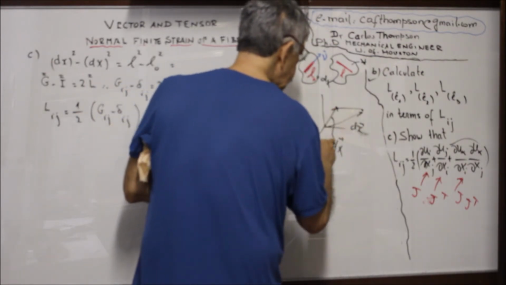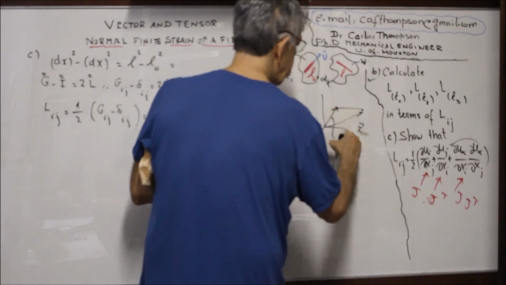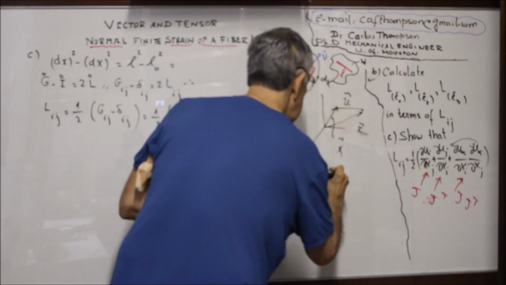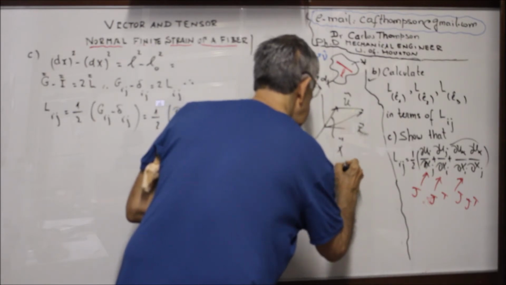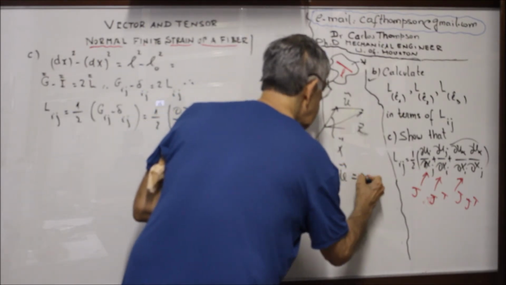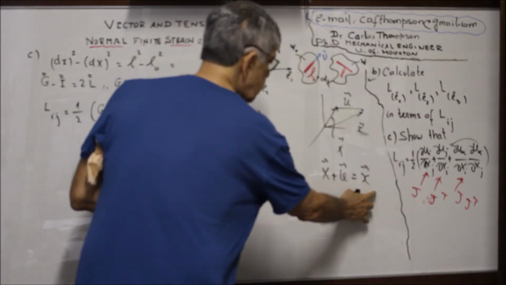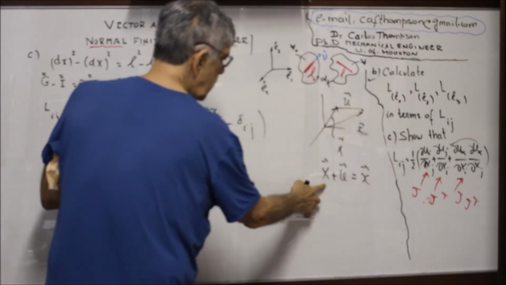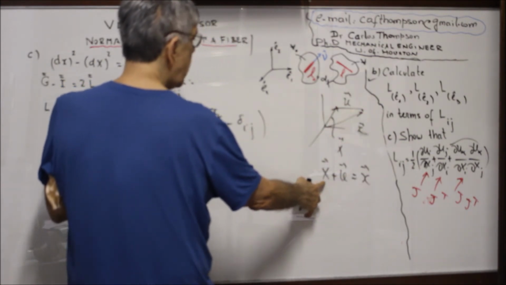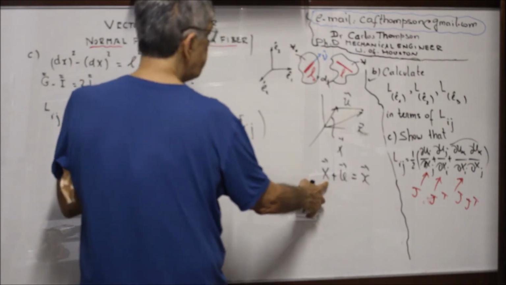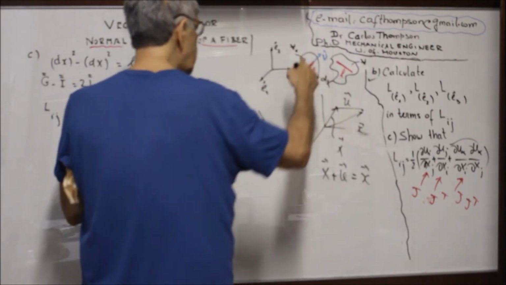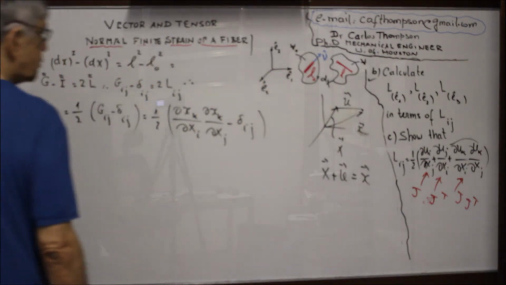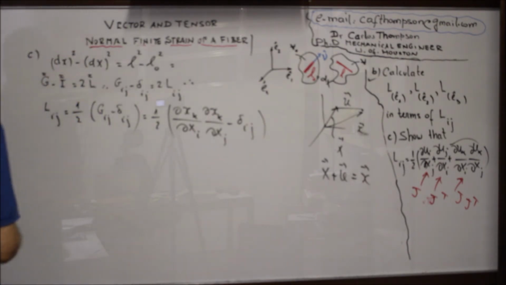Now, in this, let's put a capital X there. Now this is U. This x here, X plus the displacement, is equal to the spatial coordinate, related to the deformed configuration. This is a vector X, the position vector with respect to the undeformed configuration, and U is the displacement vector.